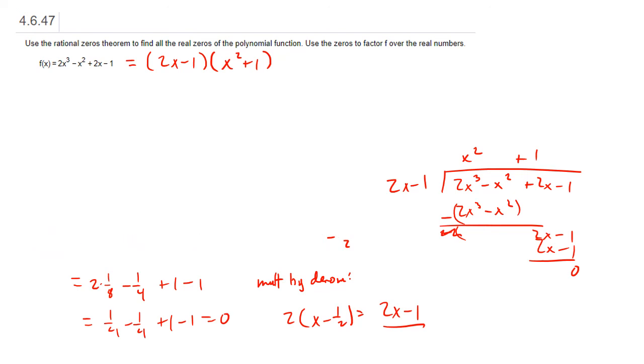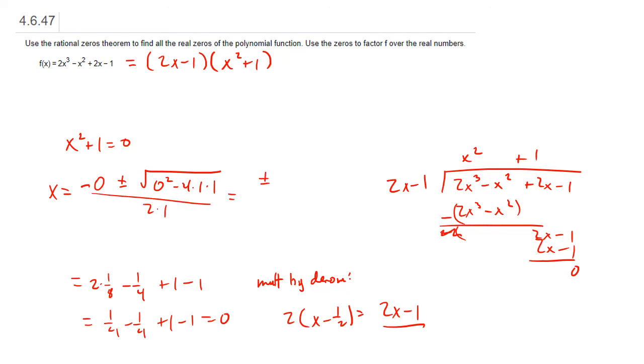Now, if we try applying the quadratic formula to this remaining quadratic term x squared plus 1, I'd say, where is x squared plus 1 equal to 0? If I apply the quadratic formula, we get x is equal to negative b, which is 0, plus or minus the square root of b squared minus 4 times a times c over 2a, or plus or minus the square root of negative 4 over 2, which is not a real number.